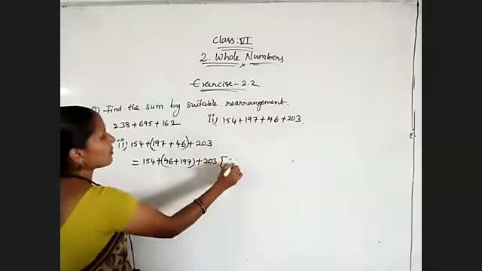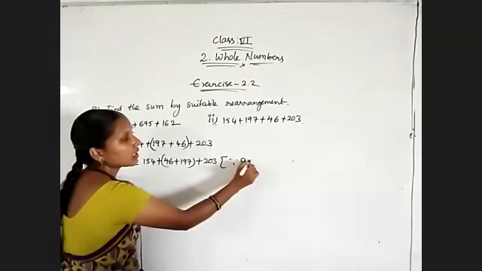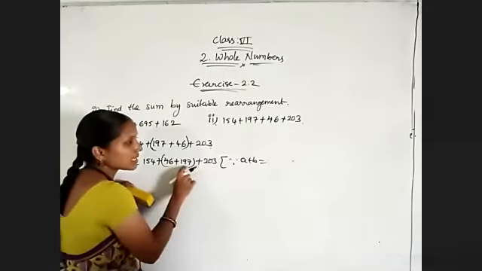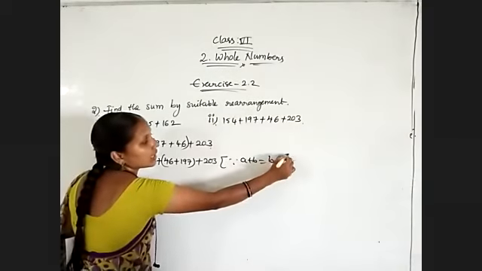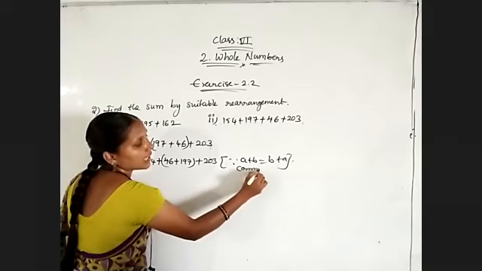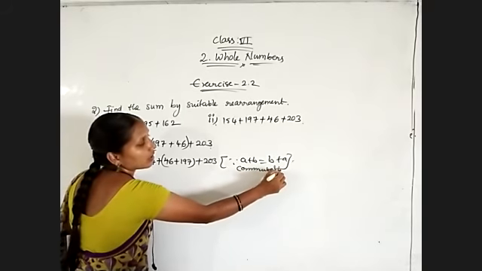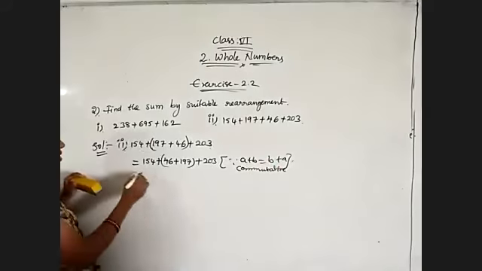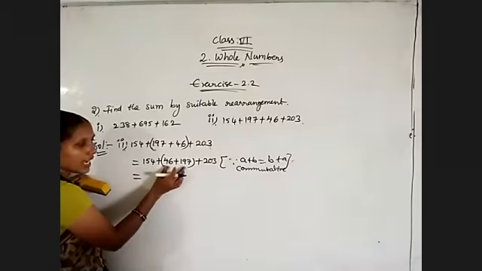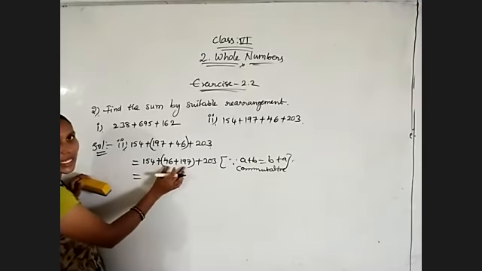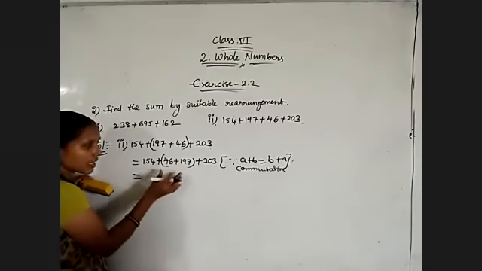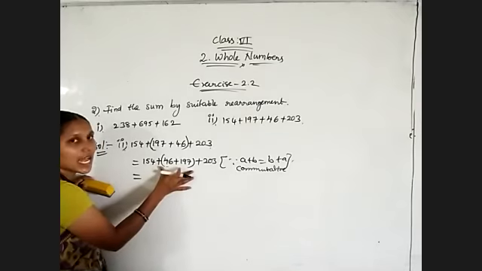So here we have changed A plus B to B plus A. So which property is it? Commutative over addition. Now if we add these two, we will still not get the easiest answer. For that sake, I am using the associative property.